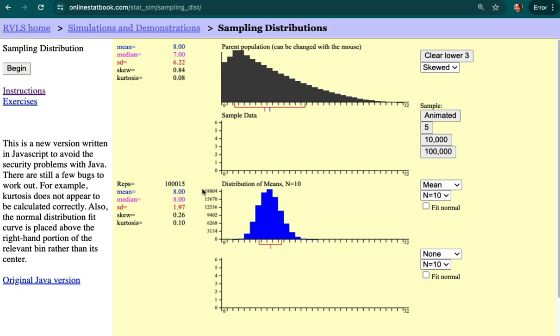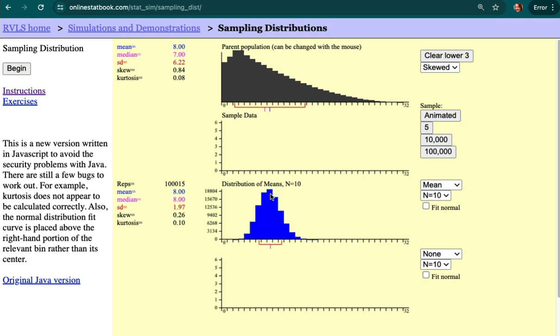You may not be able to see these numbers really well, but on the left of our histogram, the tallest rectangle is at 18,804. 18,804 sample means, X bars, were at that tallest rectangle. And it looks like that's, let's see, 1, 2, 3, 4, 5, 6, 7, 8. So that's between 8 and 9. Okay?